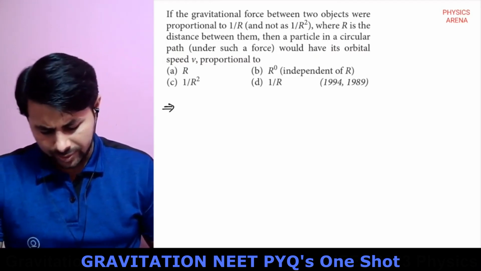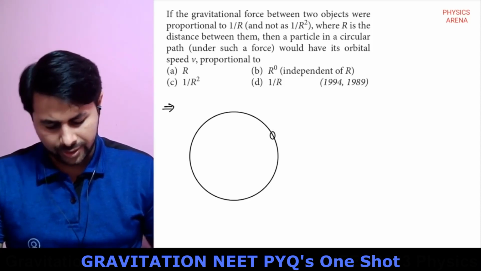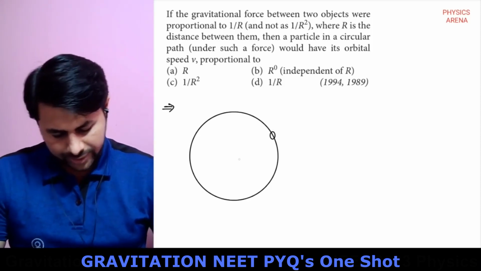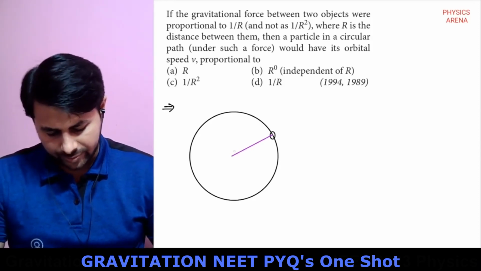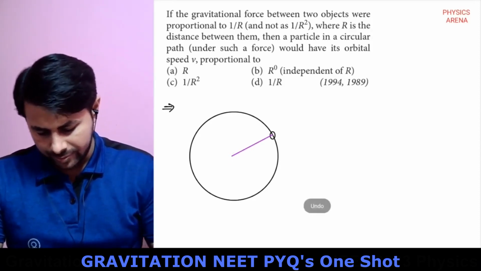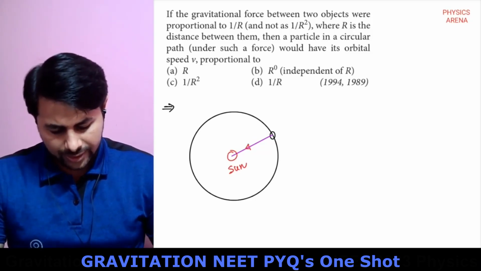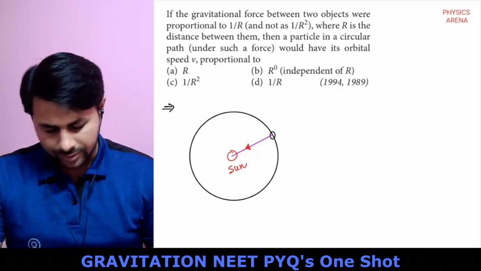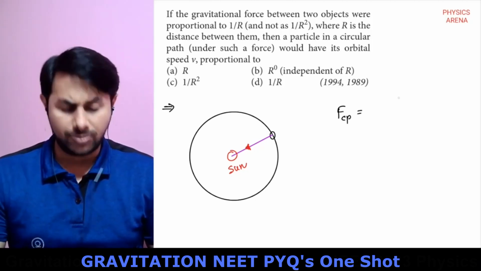Let's suppose the Earth moves around the Sun in a circular orbit. It's the gravitational force due to the Sun which provides the centripetal force, right? So F_CP is equal to the gravitational force.